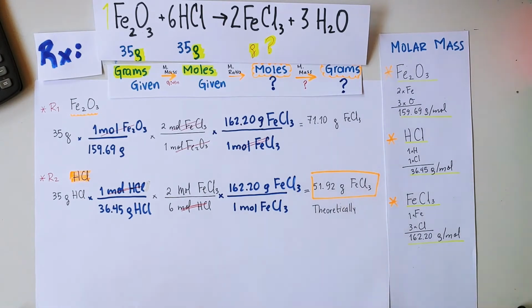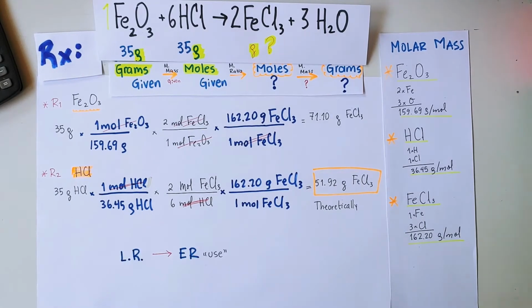So once you have your limiting reactant, you continue working with the second question. That is, how many grams of excess reactant remain? Now for that, you need to make a relationship. This relationship is the limiting reactant will also tell you how much excess reactant is going to be used.